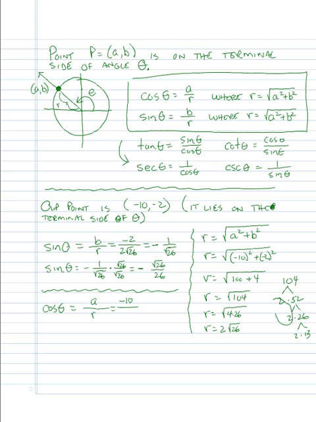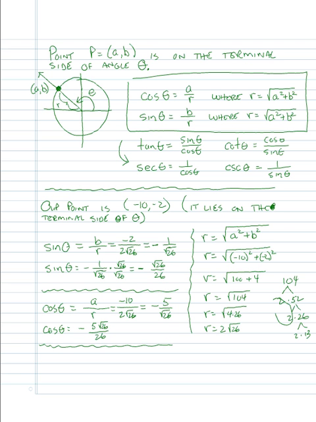And r is 2 times the square root of 26. And so now we just go to town on simplifying, okay? So we'd have -10 over 2. Oh, that simplifies to -5 over the square root of 26, doesn't it? And so we would need to rationalize again, and I'm just going to tell you when we do, we'll get -5 times square root of 26 divided by 26. And you can go through that rationalization. I don't think that's that big a deal.